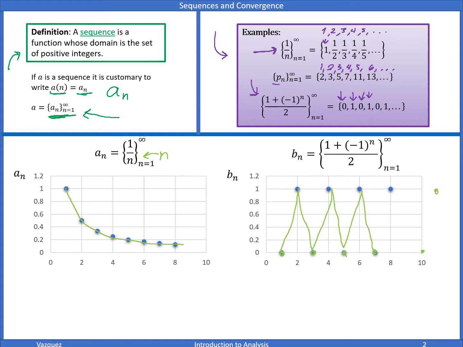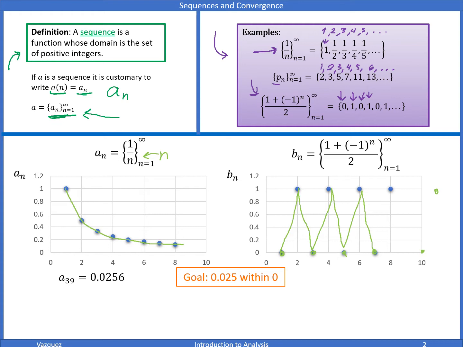So if we decide to measure closeness, say our goal is to be within 0.025 of 0, it's clear that all the terms of the first sequence will be within that goal after a certain point. Let's take a look at the 39th term of the a sub n sequence.